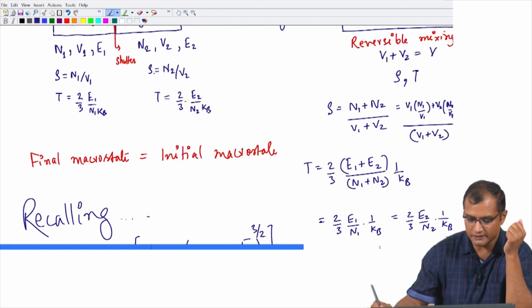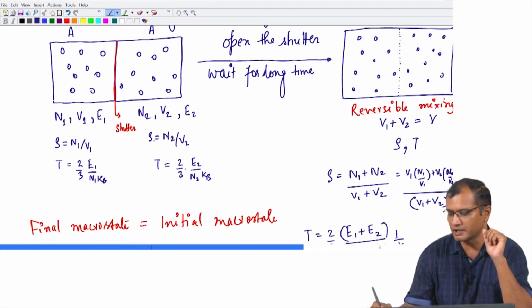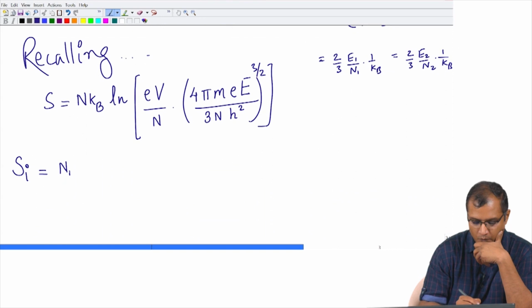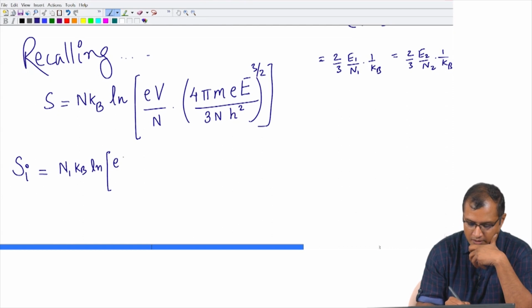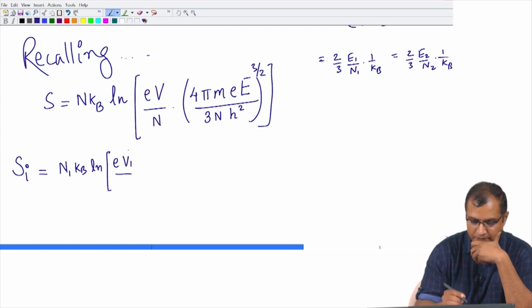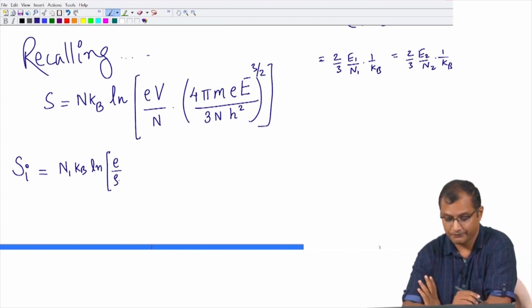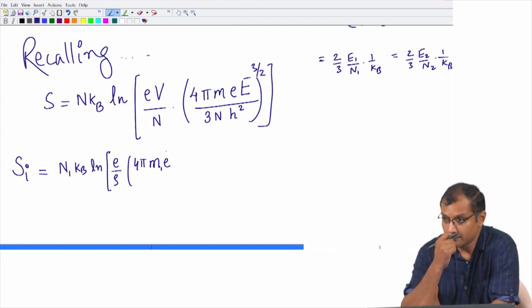So, our particles were now distributed, A type were in compartment A with volume V1 and B type were in compartment B. So, we can write this down as N1 Kb ln of e V1 by N1, which is simply e by rho, into 4 pi m1 e1 by 3h square n1, to the power 3 half.